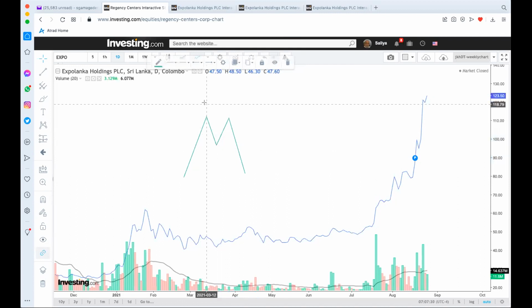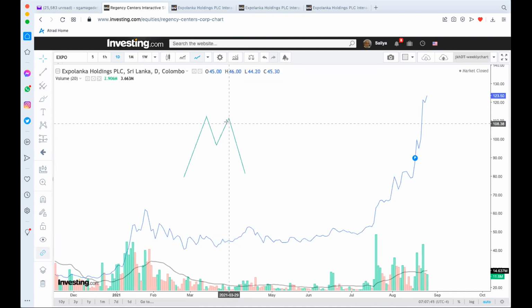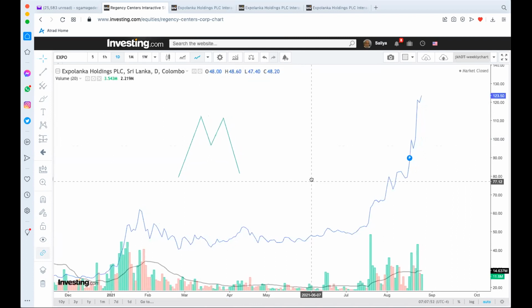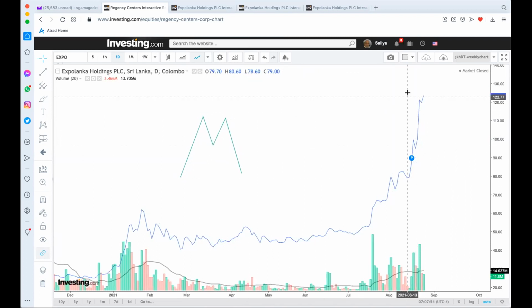In the case of the double tops, in order to understand, you need to know that you have two sides for the double top, the left side and the right side. In between you have this low. So when we come to the Expolanka chart in the current perspective, you can see that there is a small top here. Mind you, this is the line chart.